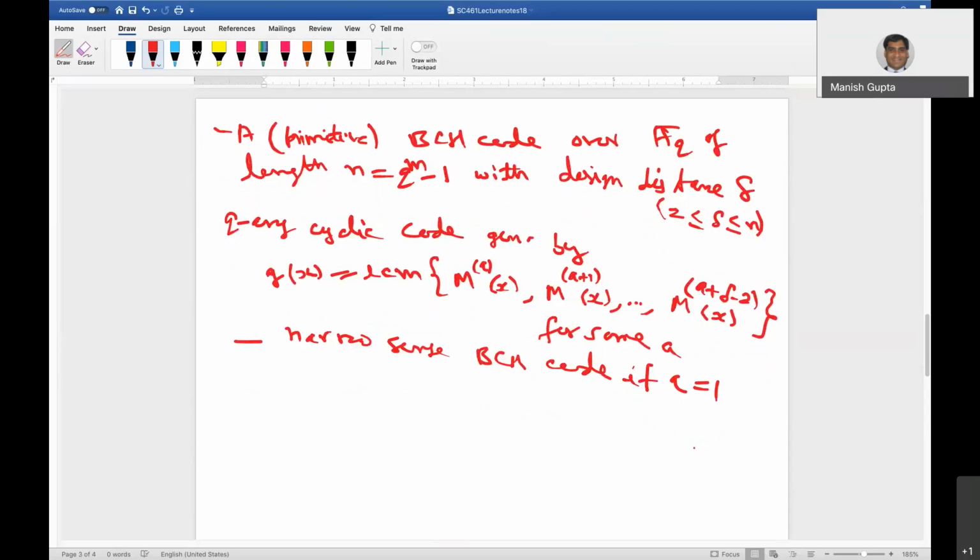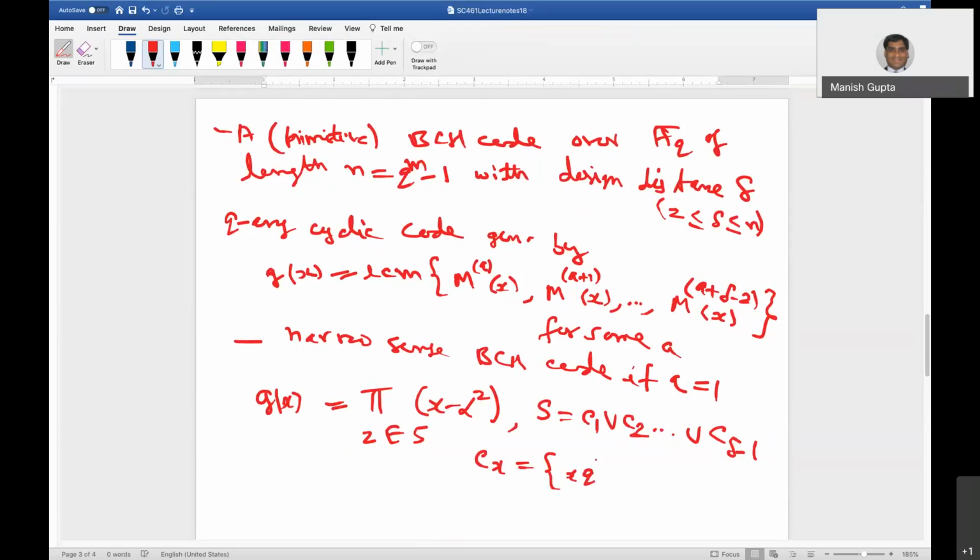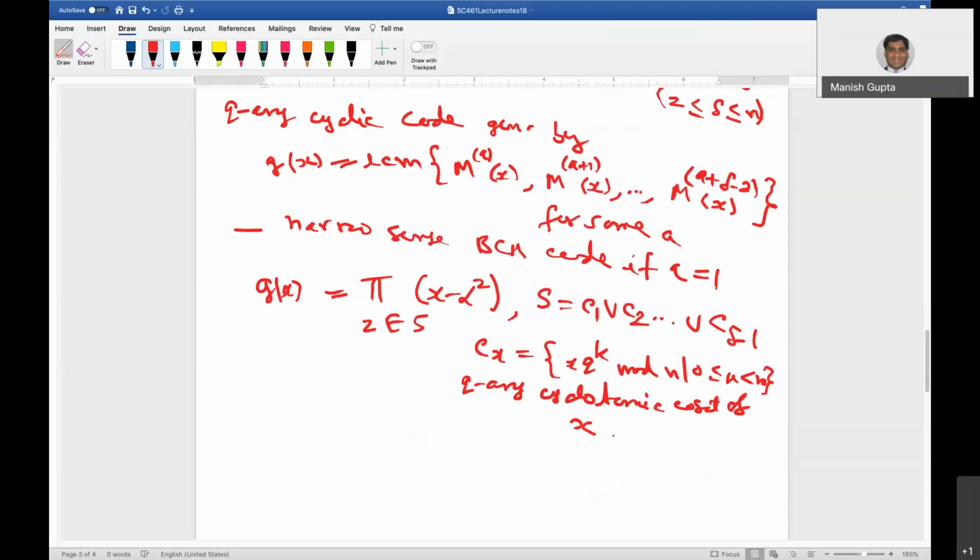Note that we can also write the generator polynomial g(x), because we know the minimal polynomial definition in terms of cosets. g(x) can be written as the product over z belonging to S of (x - alpha^z), where S is C1 union C2 union ... union C_{delta-1}, and Cx is the q-cyclotomic coset of x modulo n, for 0 <= x < n.